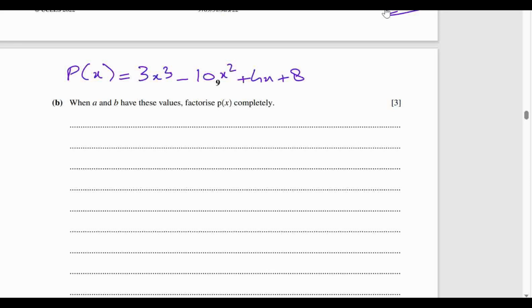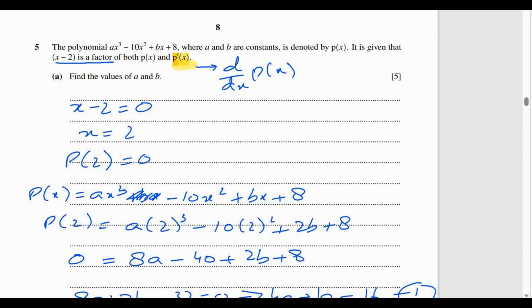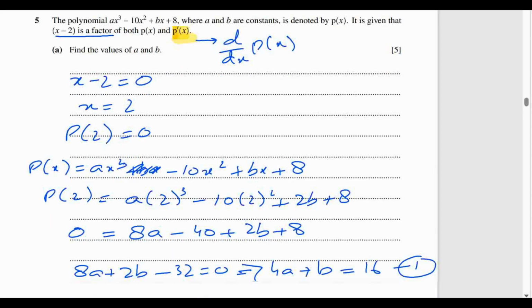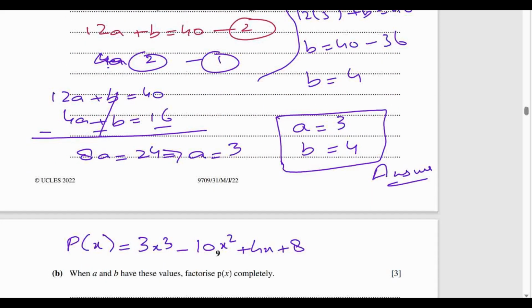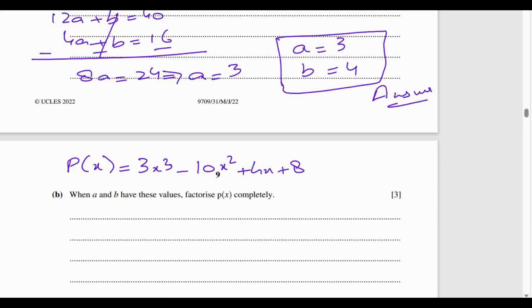Let's verify this: the value of a is 3, so this will be 3x cube minus 10x square plus 4x, because the value of b is 4, plus 8. Yes, this is the value of p of x. We have put in the values. Now we will factorize it.